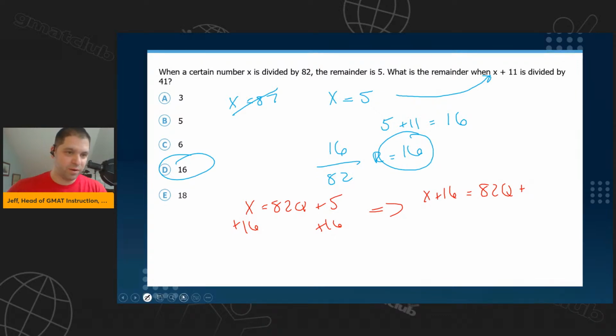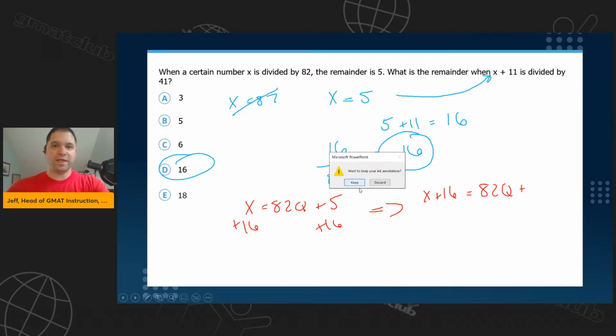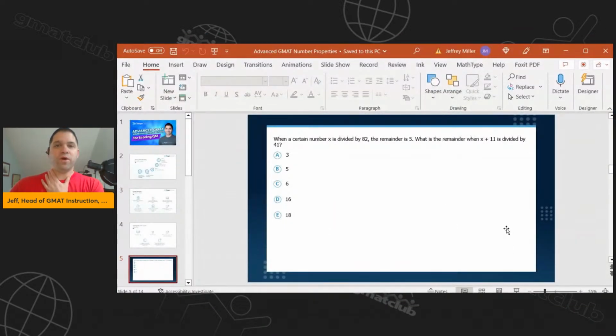Let me see if I can find my eraser. Better be an eraser here. Weird. Well, let me just clear this off here. But I think, oh yeah, I can get rid of my annotations here and then I'll redo it. But the point is you're adding it to the 11. So you're adding 11 to both sides and then dividing that by 41.